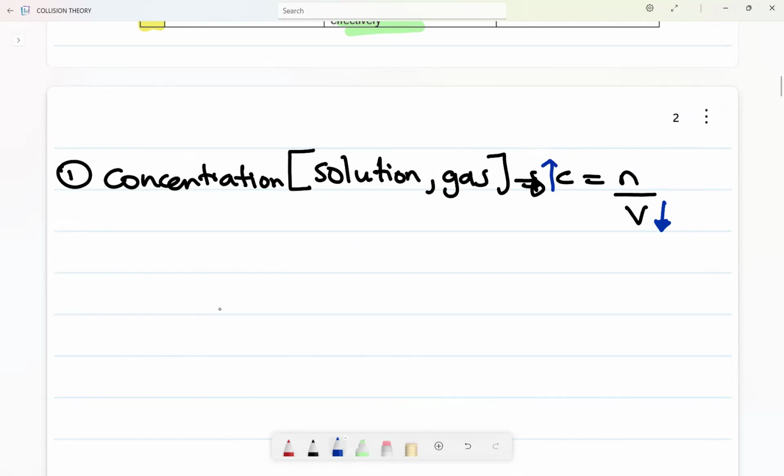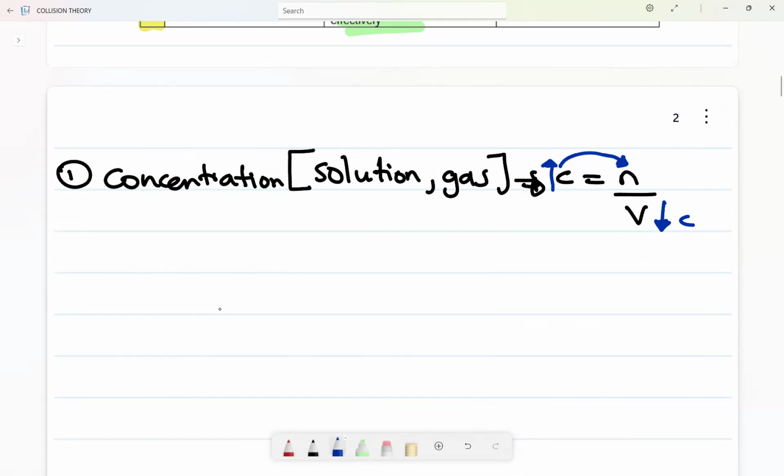You're going to increase the what? The concentration. Can you see? And now let's say this becomes constant after being decreased. So this concentration has been increased. So what is going to happen? The number of moles, the number of particles, will also increase.